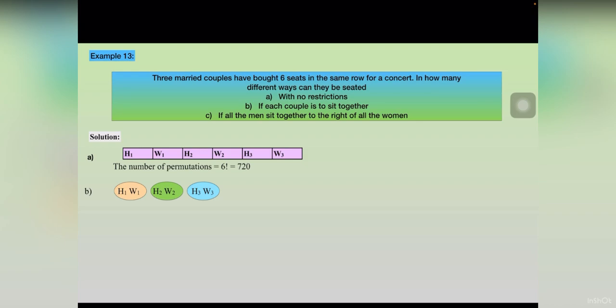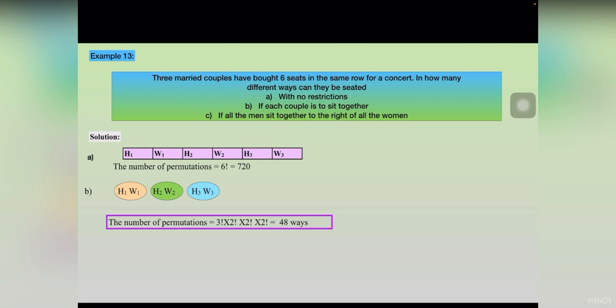B, if each couple is to sit together. So this will be the first couple, the second couple, and the third couple. The number of permutations is 3 factorial, because the couples can switch positions, but each couple still sticks together. But inside each couple, the husband and wife can still change position left and right.